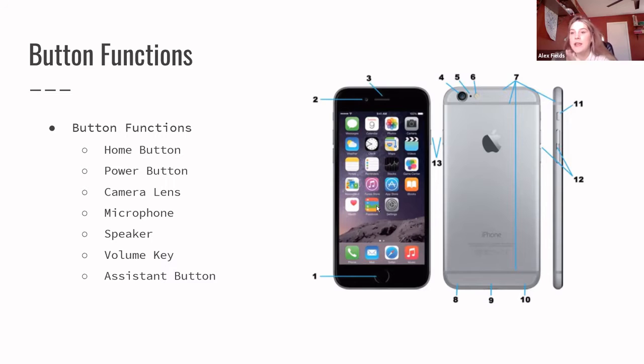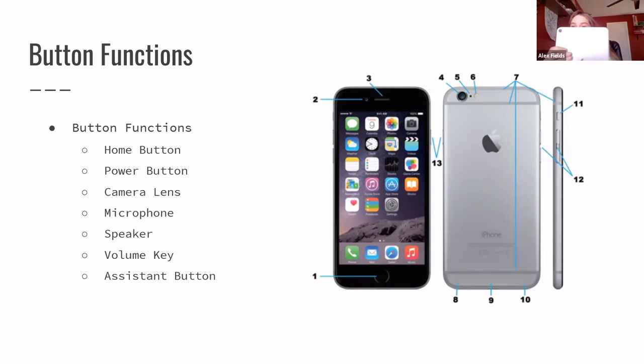And then we have our camera lens. So your phone, depending on what you have, has at least 2 camera lenses. It could be 3 if you have the newer phones. On the back, I have 2 here. And then on the front, I have 1 here, which is pointing to the number 2 in the image on the PowerPoint.